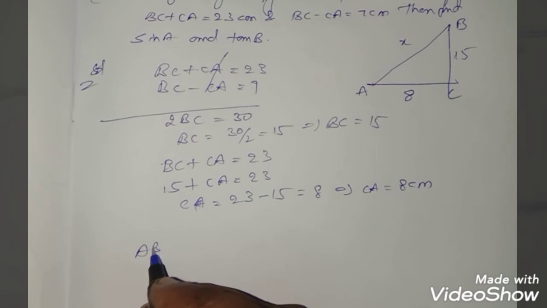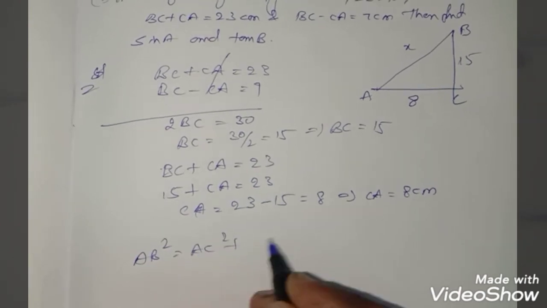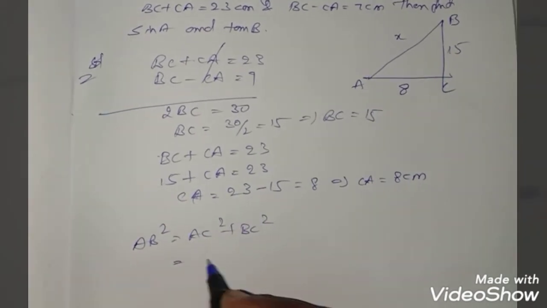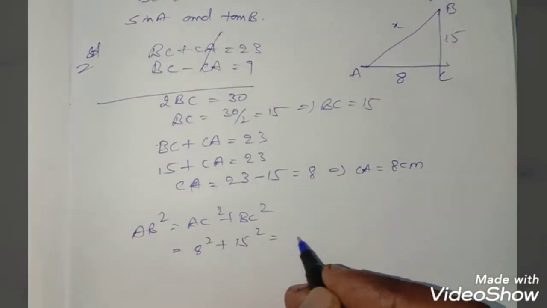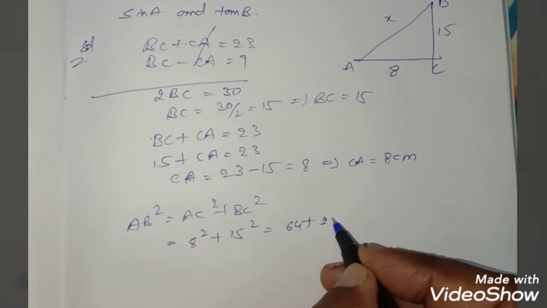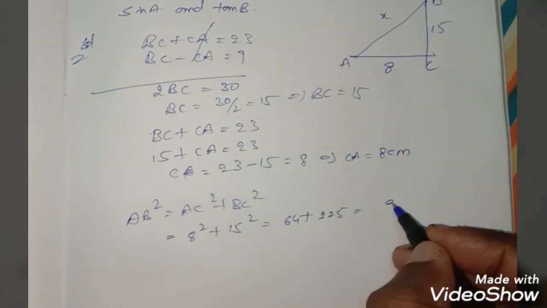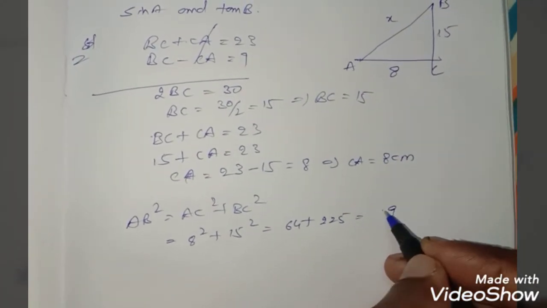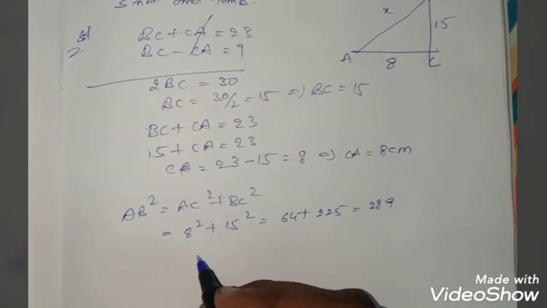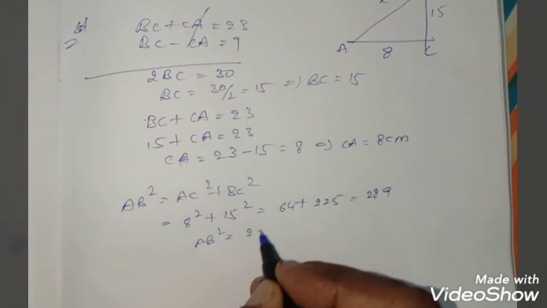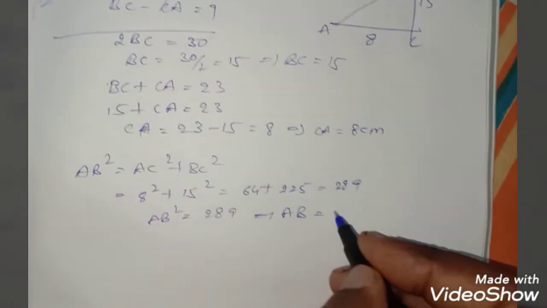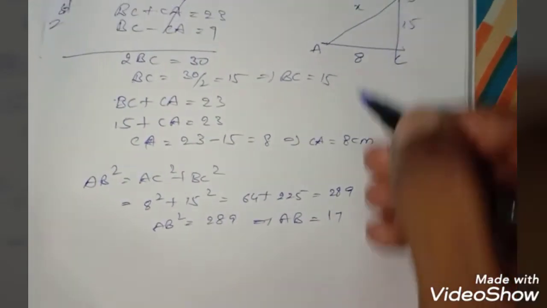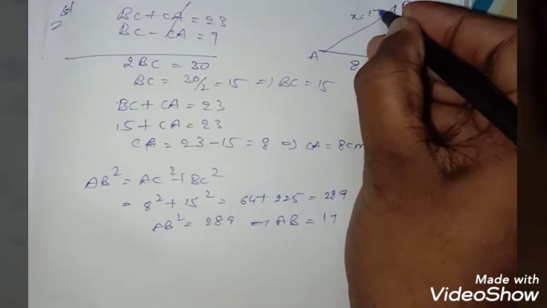As per your formula, AB square is equal to AC square plus BC square. AC square is 8 square plus 15 square. So 8 square is 64, 15 square is 225. Now if I add, AB square is 289. So AB is equal to 17. So here you got the hypotenuse as 17.